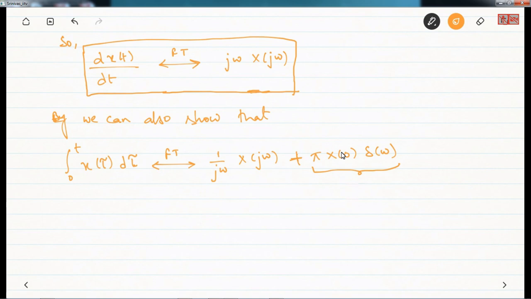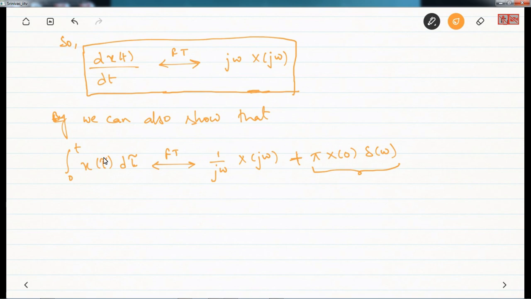So what is this? When we integrate a signal, we will also find its DC component, right? So when I integrate a signal, I'll find its average value or DC value.